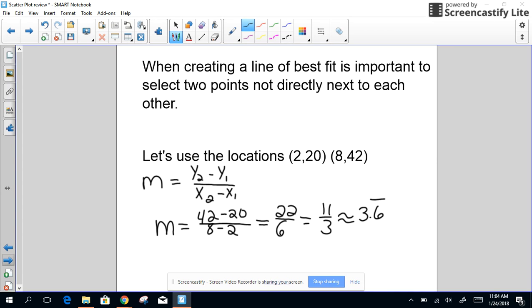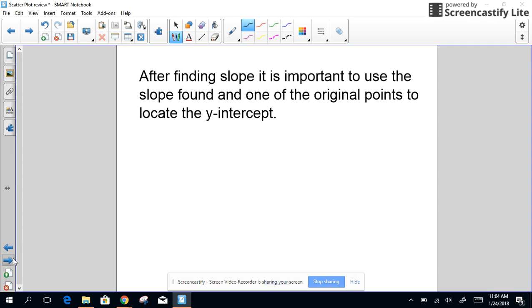I need to work on finding my y-intercept. And remember that this is a data set, so this equation we are going to be using to predict the future. Now that I've found my slope, I'll rewrite it here for you on this slide. I found my slope to be 11 thirds, or roughly 3.6 repeating. I need to find my y-intercept.